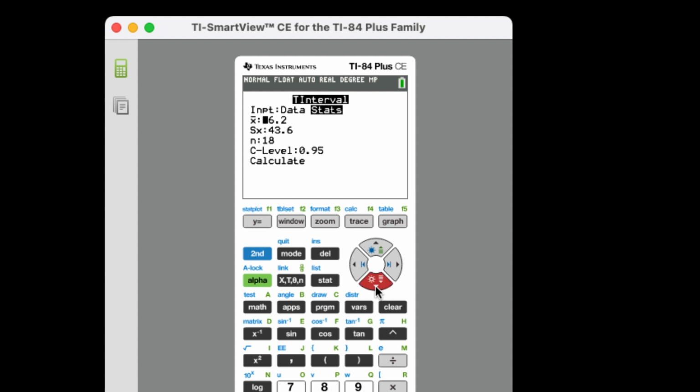Now, what's the deal? What is the sample mean? 26.6. What's the sample standard deviation? 3.8. That's the SX there. Sample size we know is what? 25. What's the confidence level? 90.